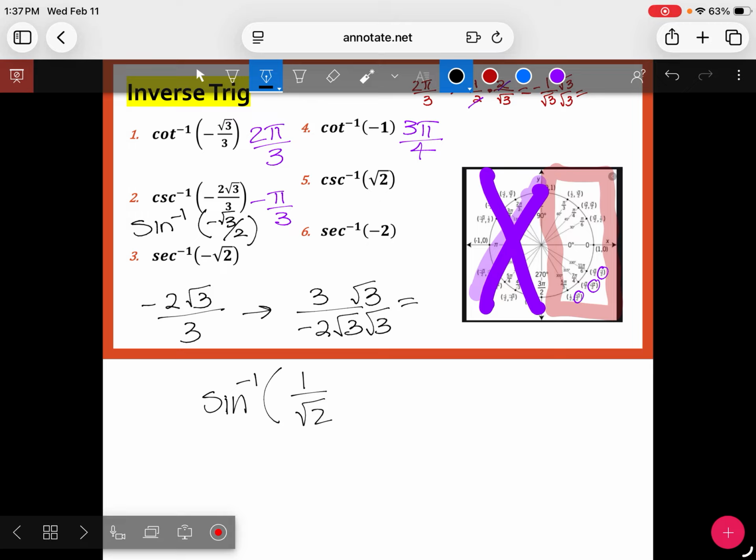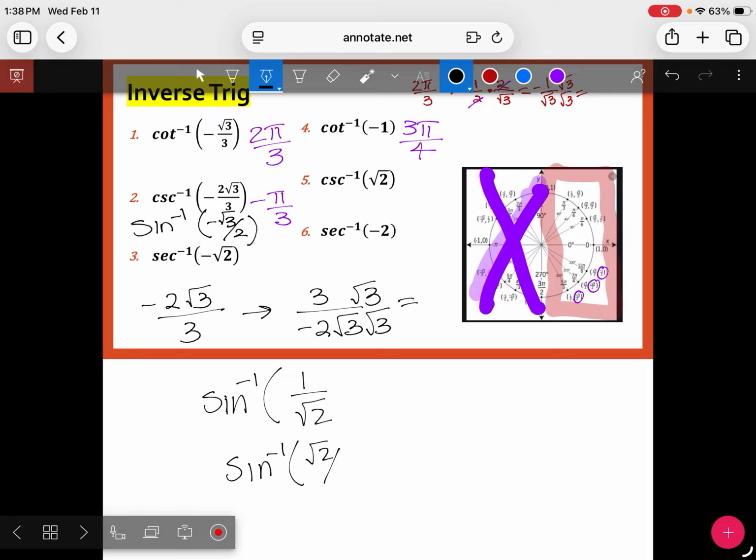We would have to multiply it. Go ahead and do that. And that would give you what? Root 2 over 2.